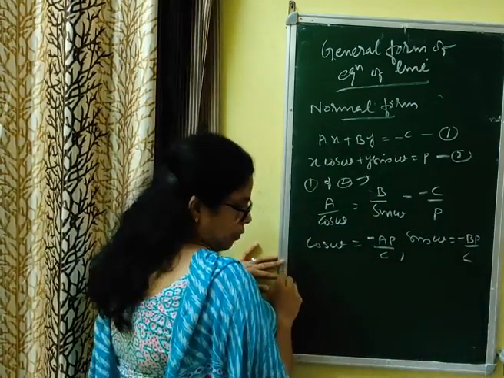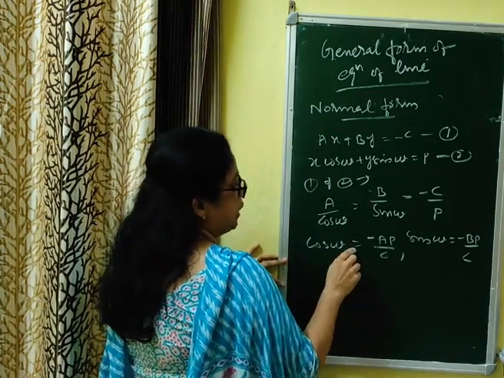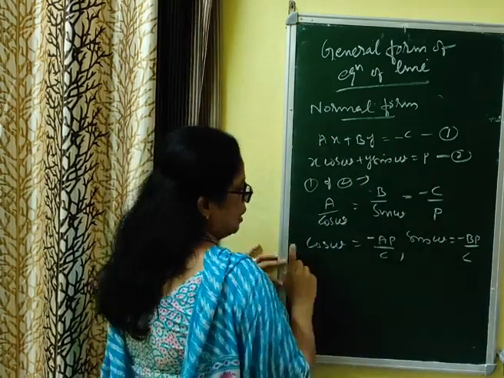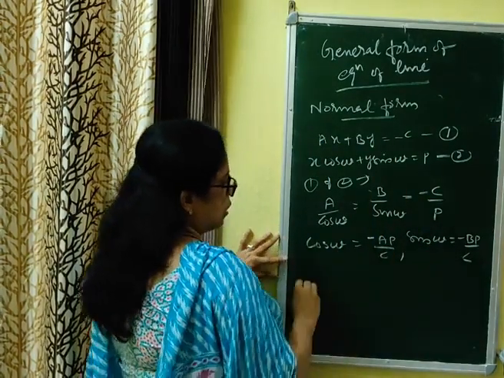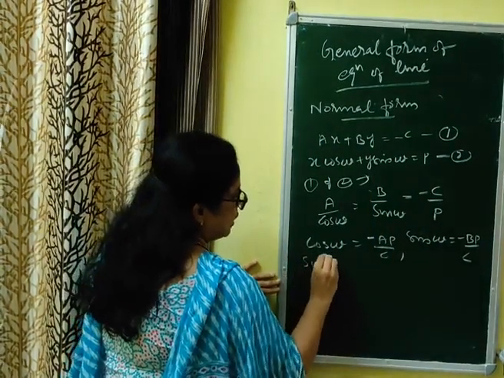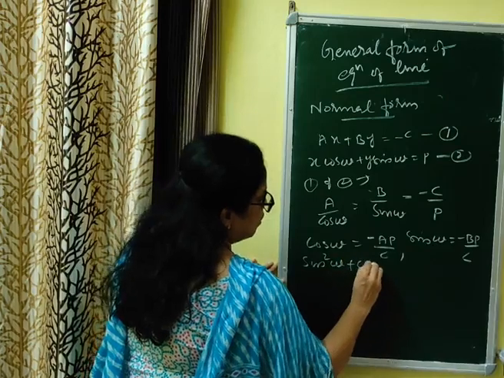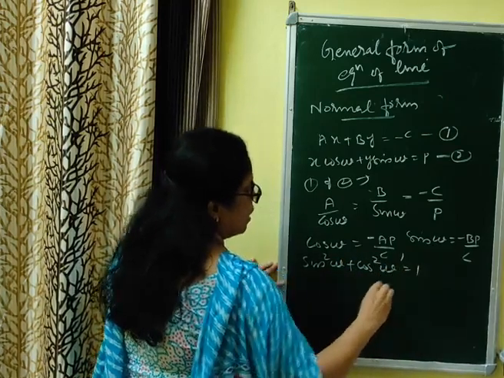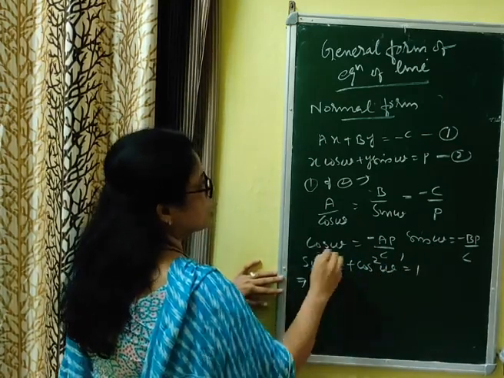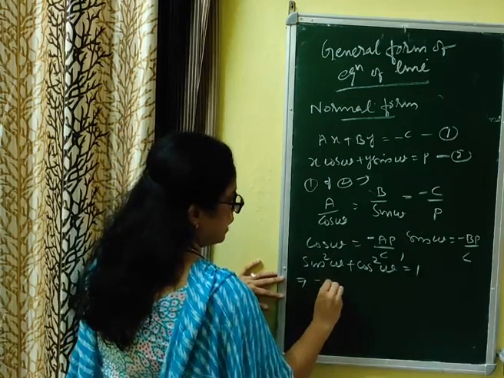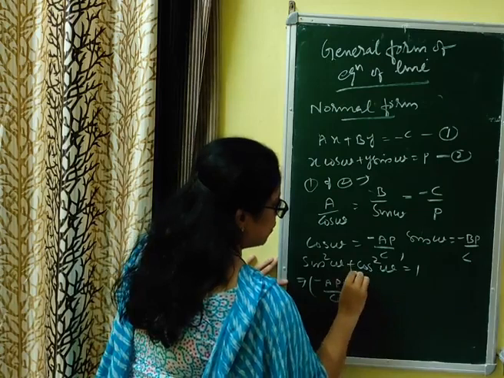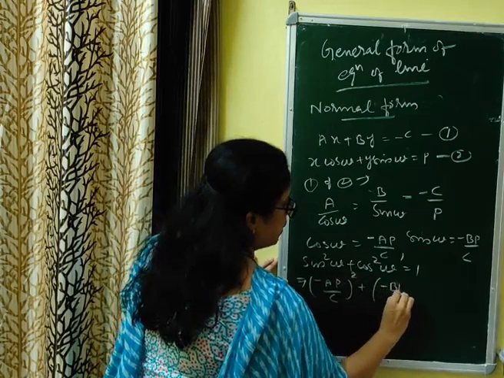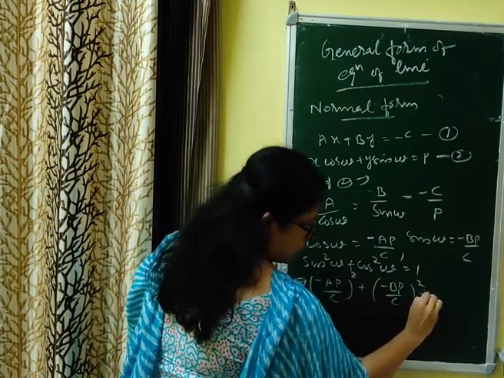But we have to find p in terms of a, b, c, cos omega in terms of a, b, c, and sin omega in terms of a, b, c. For that, you can use the identity sin square omega plus cos square omega is equal to 1. That means, put the value: minus ap by c whole square plus minus bp by c whole square is equal to 1.